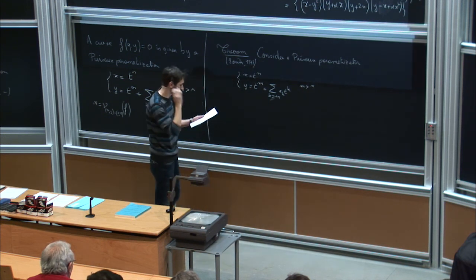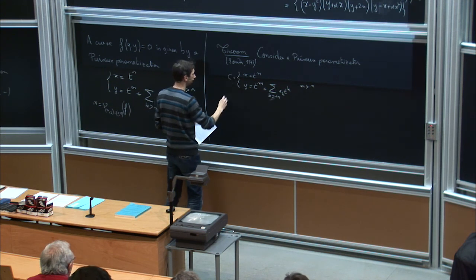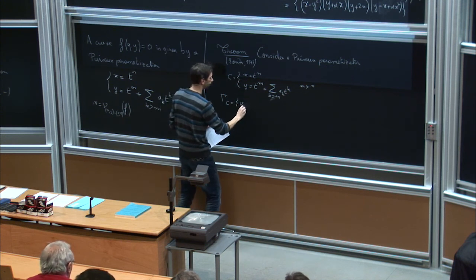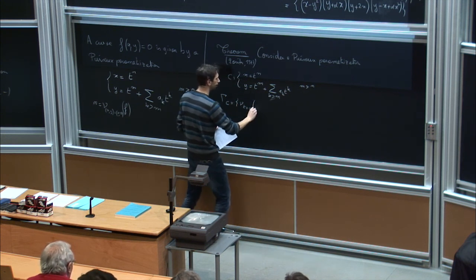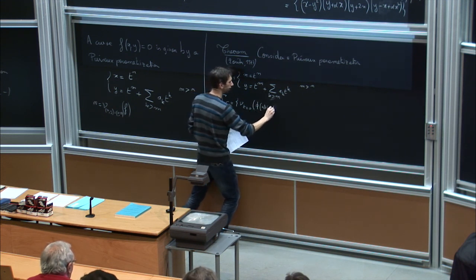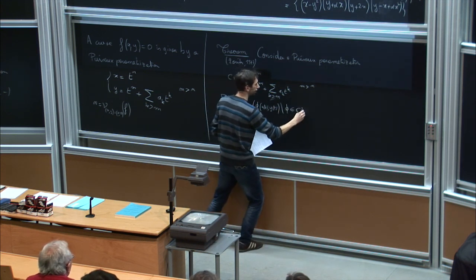Then you consider its semi-group gamma of C. This is exactly the definition that I put here: the valuation at t equal to 0 of phi of xt, yt, when phi describes the set of convergent series.